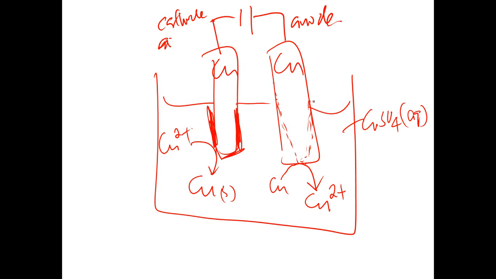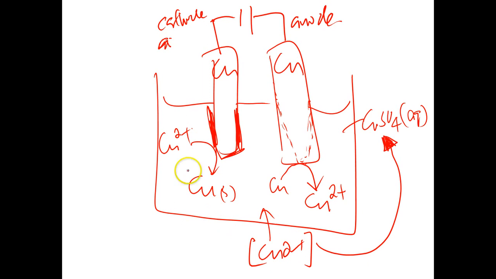and the reaction will stop. If you think about this, earlier, if we imagine that this is not copper, there will be no copper metal being oxidized to Cu2+. As a result, the Cu2+ concentration in the solution, which actually comes from the copper sulfate used initially, will drop. But in this case, when the Cu2+ is discharged at the cathode, over at the anode side it is actually being replenished.